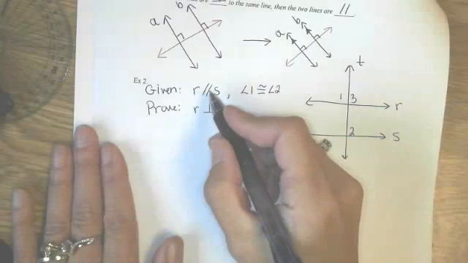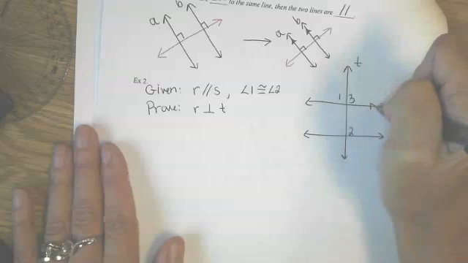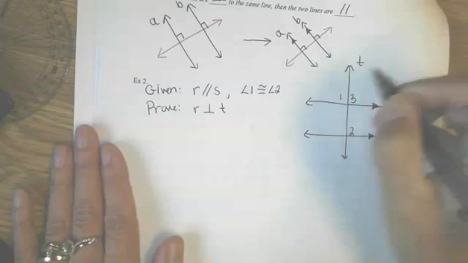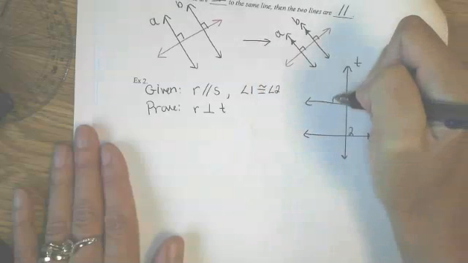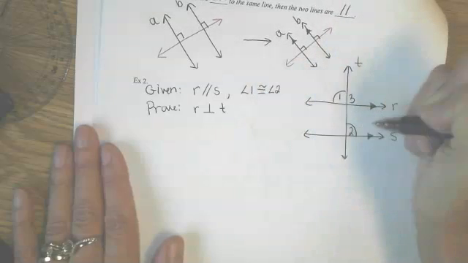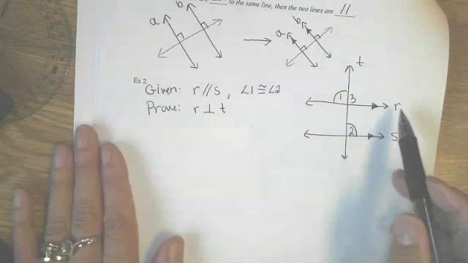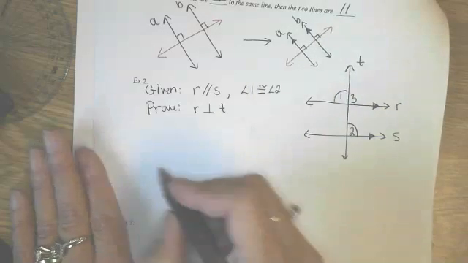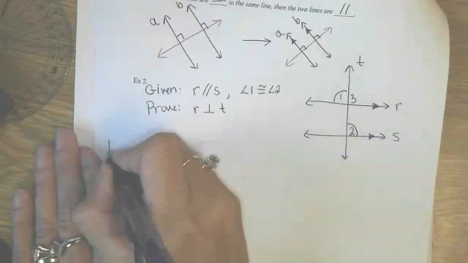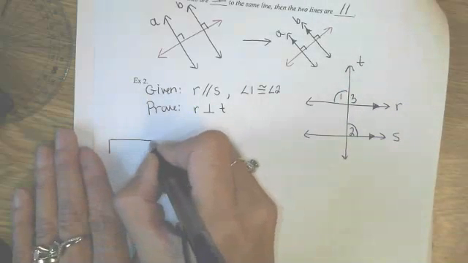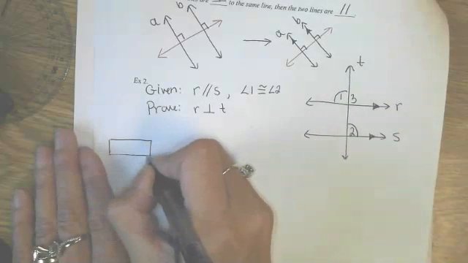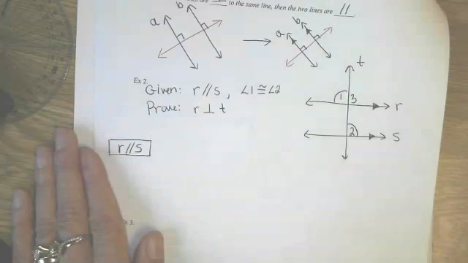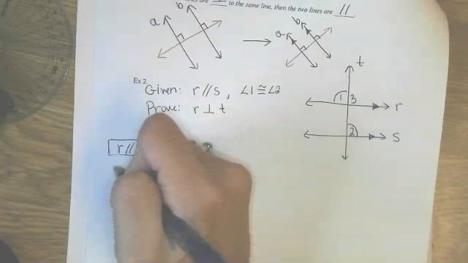Okay, so starting off, we've got R parallel to S. I'm going to put those markings in. And then we're also given that angle 1 is congruent to angle 2. Our goal is to get R perpendicular to T. Here we go. You should, again, be able to fill in the parts I leave out. So R parallel to S, given.